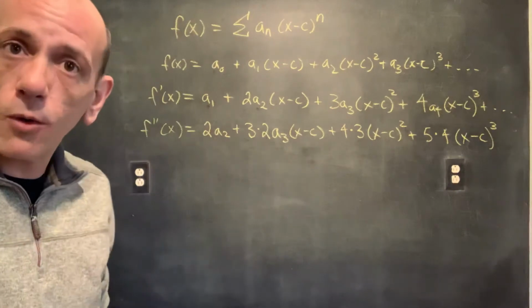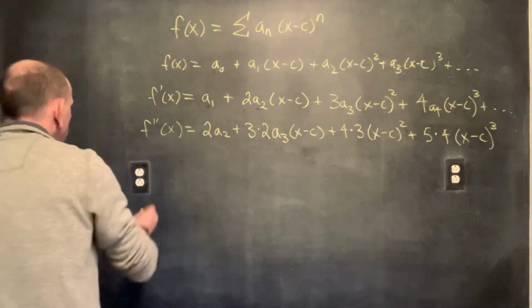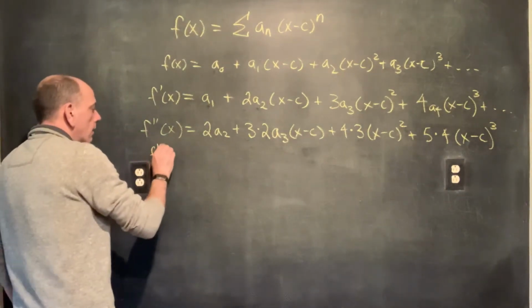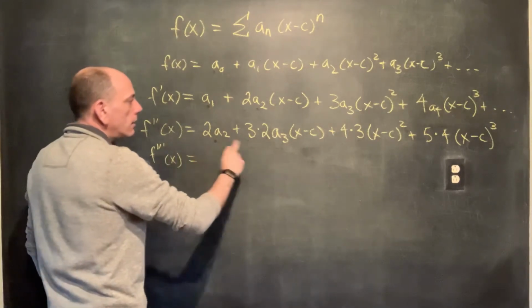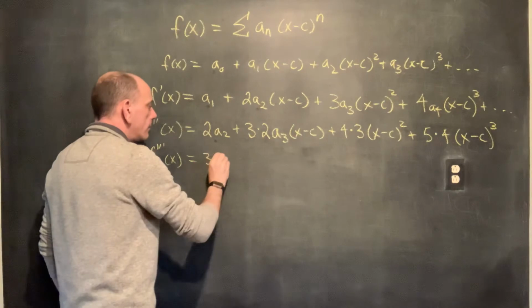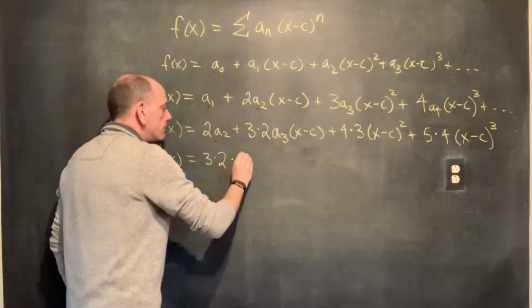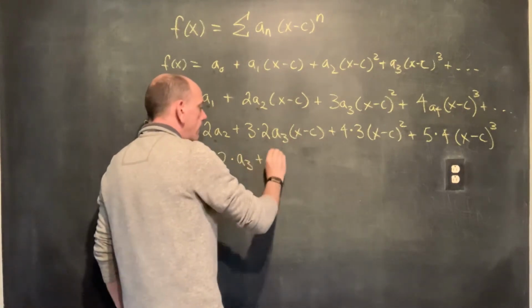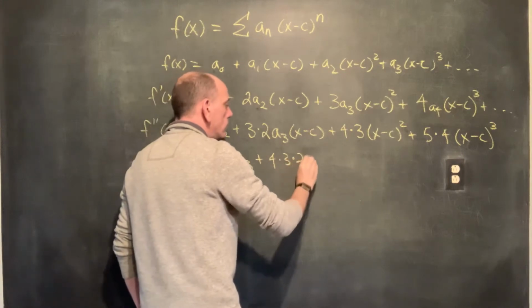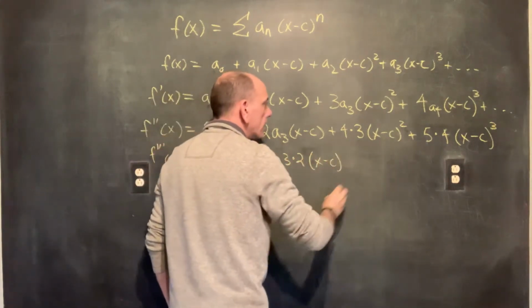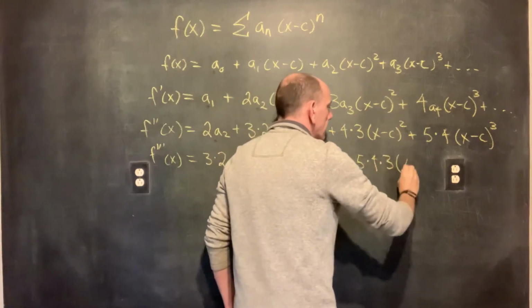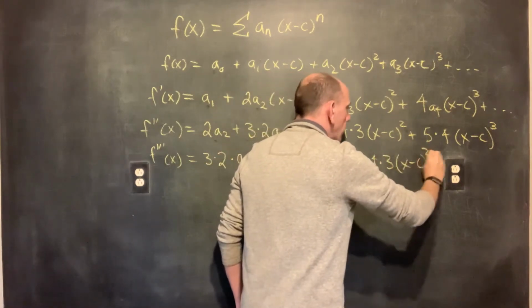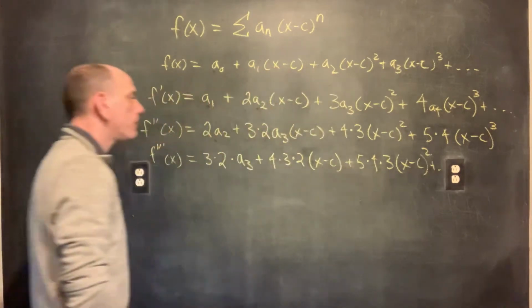Let's just do one more for good measure. Third derivative. This is going to be gone. We're going to have 3 times 2 times 1 times a3 plus 4 times 3 times 2 times x minus c plus 5 times 4 times 3 times x minus c squared plus and so on, right?